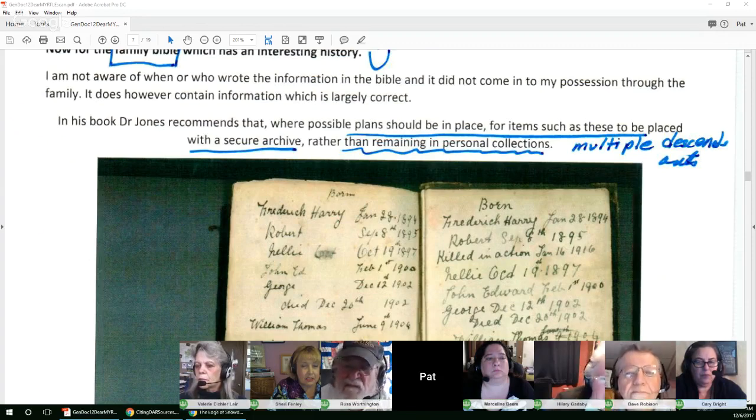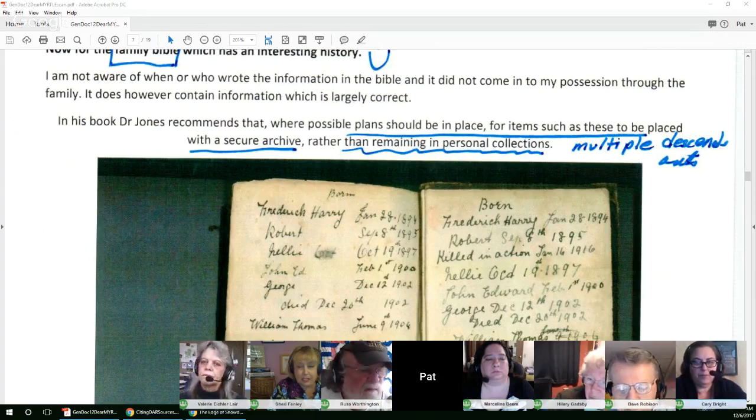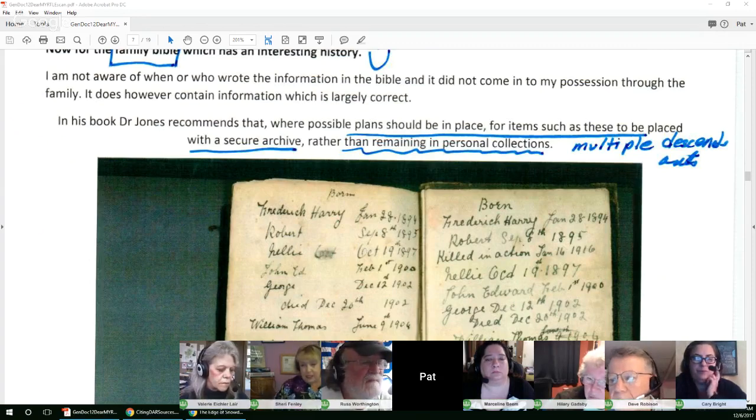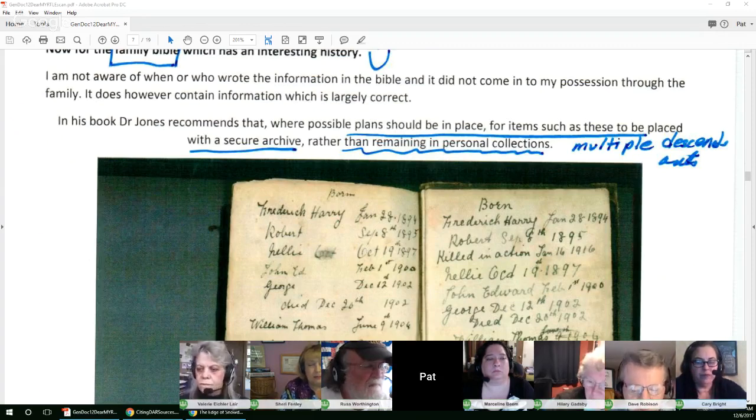Yes. Well, and your homework brought into play the recommendation by Dr. Jones that when we have the originals of these kinds of unusual things, family Bible, etc., that they should be placed in a secure archive rather than staying in our personal collection. Because multiple descendants can then have access to it.